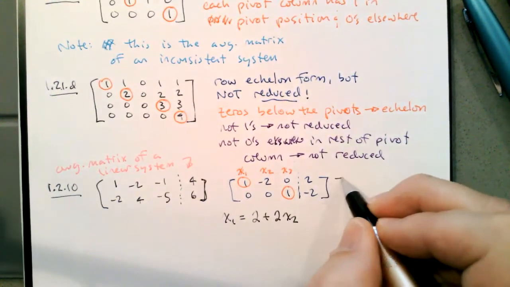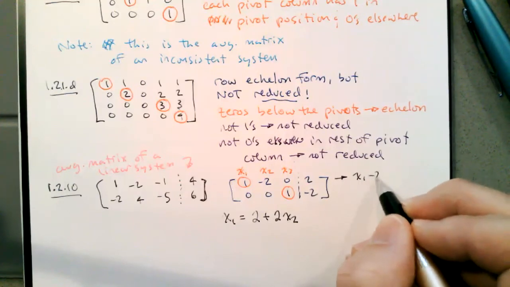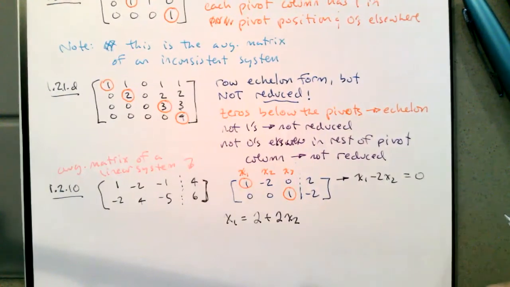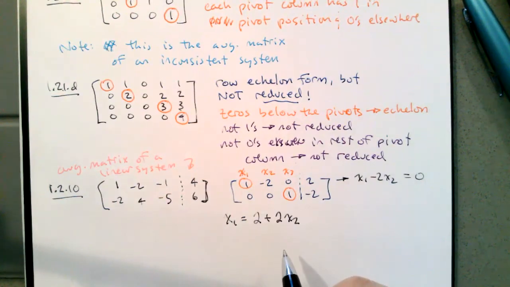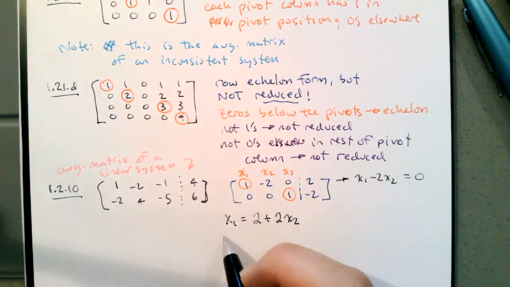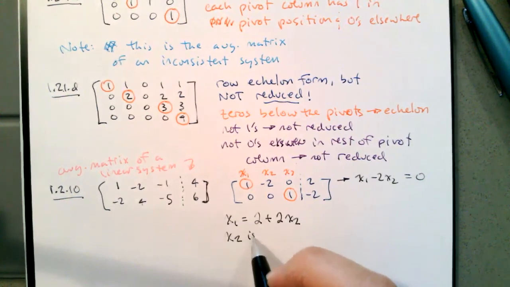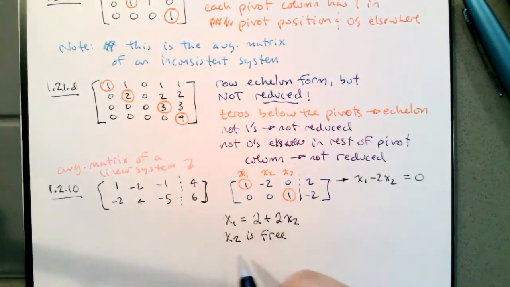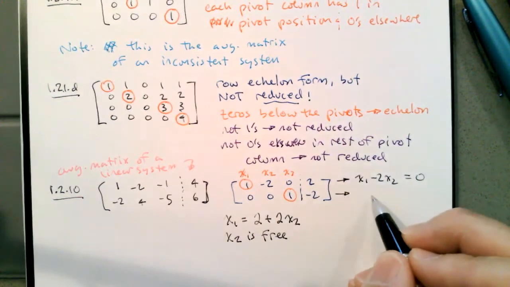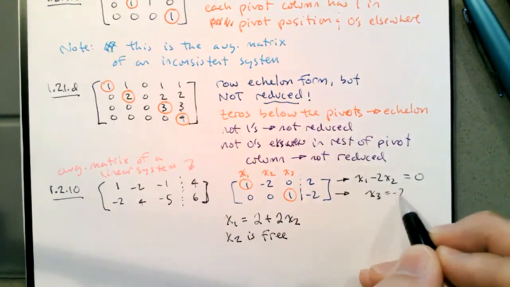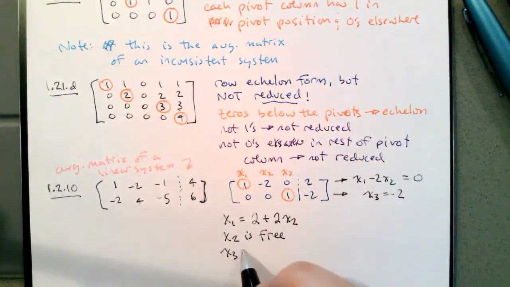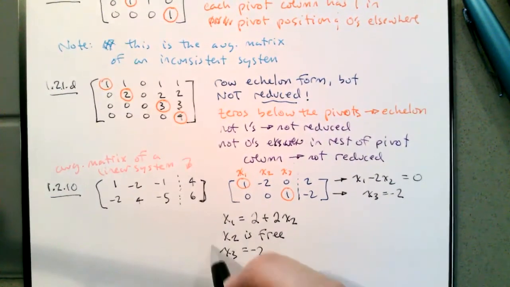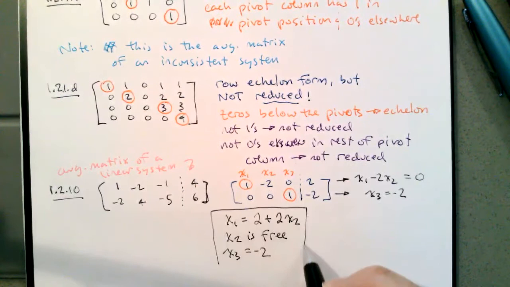So we solve for x1. x2 is a free variable, so I'm going to write x2 is free. And the last row corresponds to the equation x3 equals -2. So x3 is just -2. So here is the general solution.